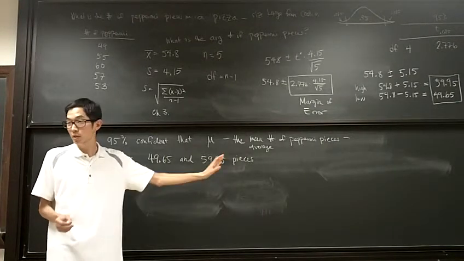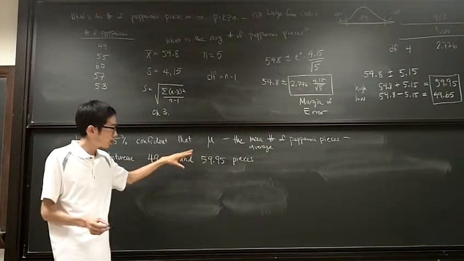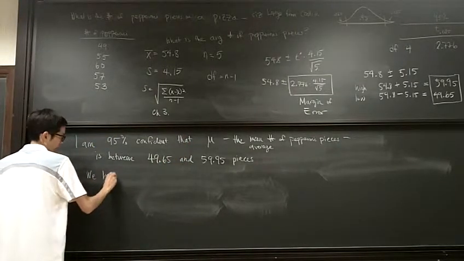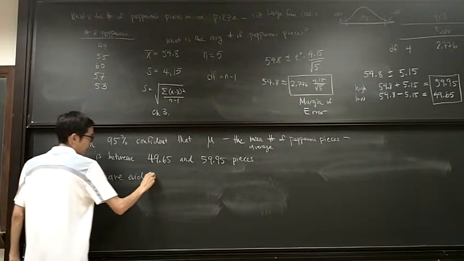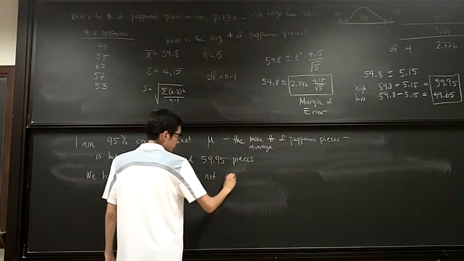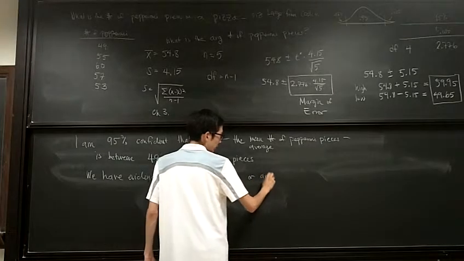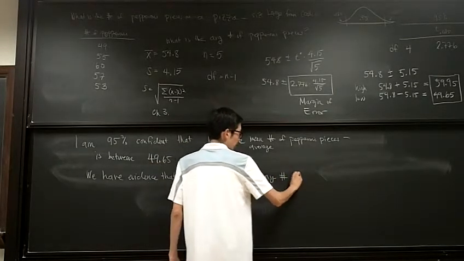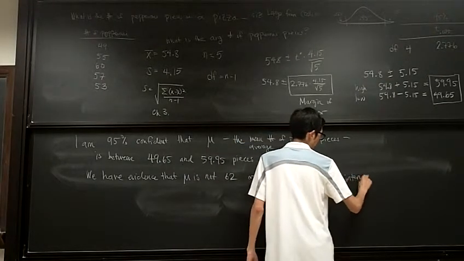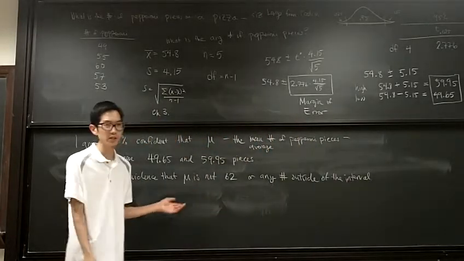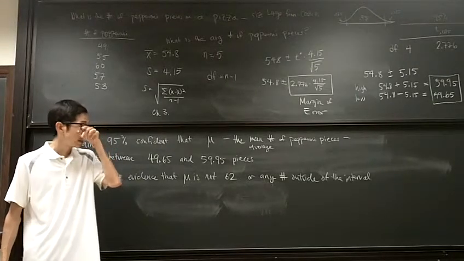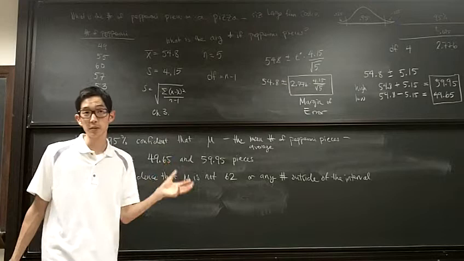We're confident the average is within this range, so we have evidence that mu is not 62, or any number outside of the interval. And we understand the idea of being outside of the interval, right? Yes? What is the difference between the margin of error and S? S is the standard deviation coming from my sample.